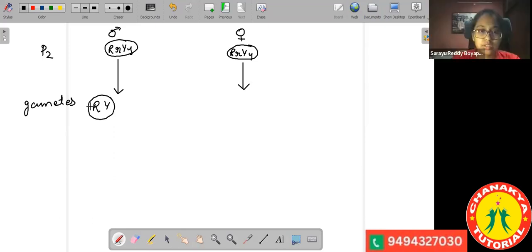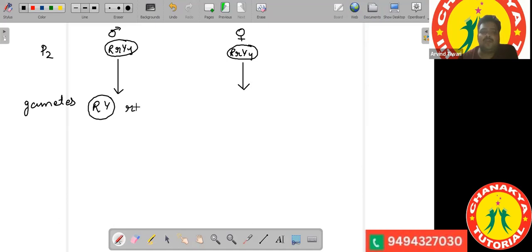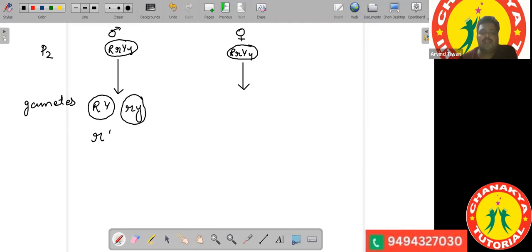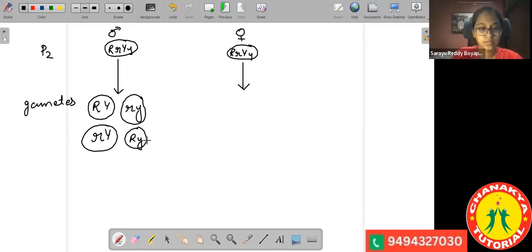Sir, it can also be small r and small y. Yes. Any other possibility? Sir, small r capital Y and capital R small y. Okay, it can be small r capital Y, or it can be capital R small y, right? Yes, sir. Is there any other possibility? Sir, I don't think so. Okay.